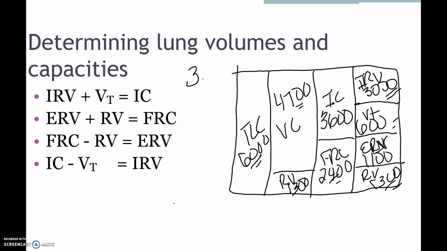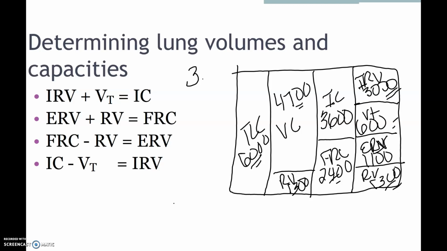And we can go ahead and check our work again. You can take all 4 of the volumes and add them together. So 3,000 plus 600 plus 1,100 plus 1,300, and you get 6,000, which is correct for the total lung capacity.